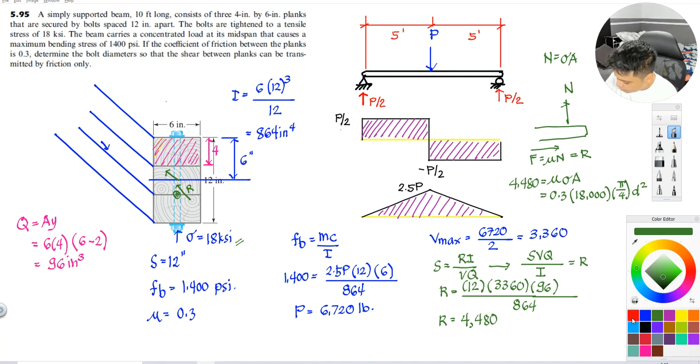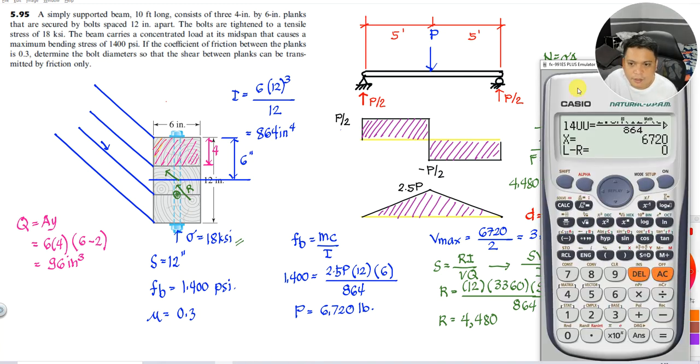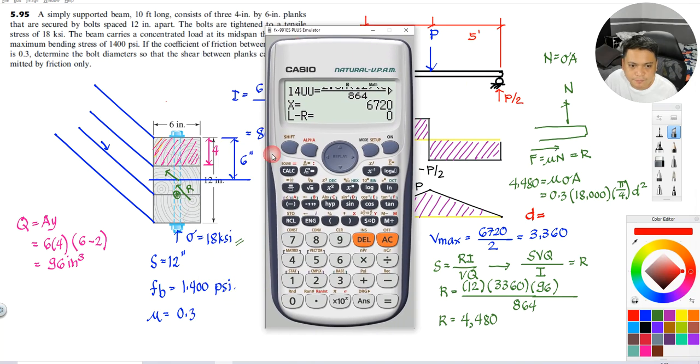Okay? So, with this, I can now have the value of the diameter equal to, so, gawin natin siya sa calculator. Okay, dito ko na lang ilalagay muna. So, that's equals to 4,480. 4,480 is equals to, okay, 0.3 times 18,000 multiplied it by pi all over 4.